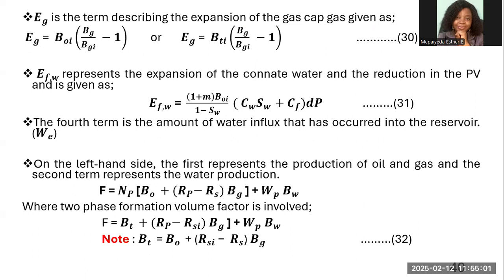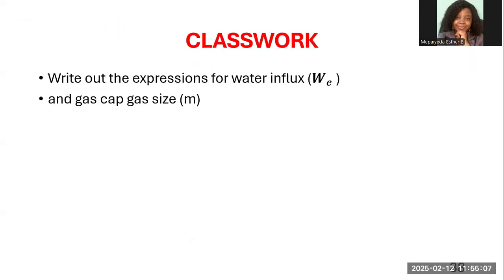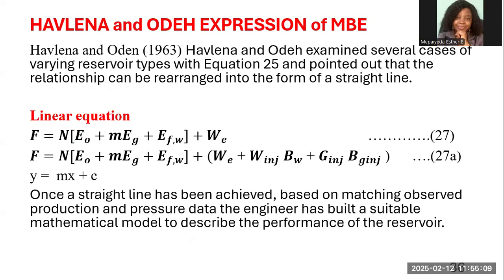So you have your Eg. What we are defining now is what we have here. I went back some few slides. This equation 27, we are trying to define your Eo, your Eg, and your Efw. You know your m, gas cap size. All of this in equation 27, the Eo, Eg, and Efw, is taken from equation 25. I've explained that it is a summarized version of your equation 25 and your equation 26.